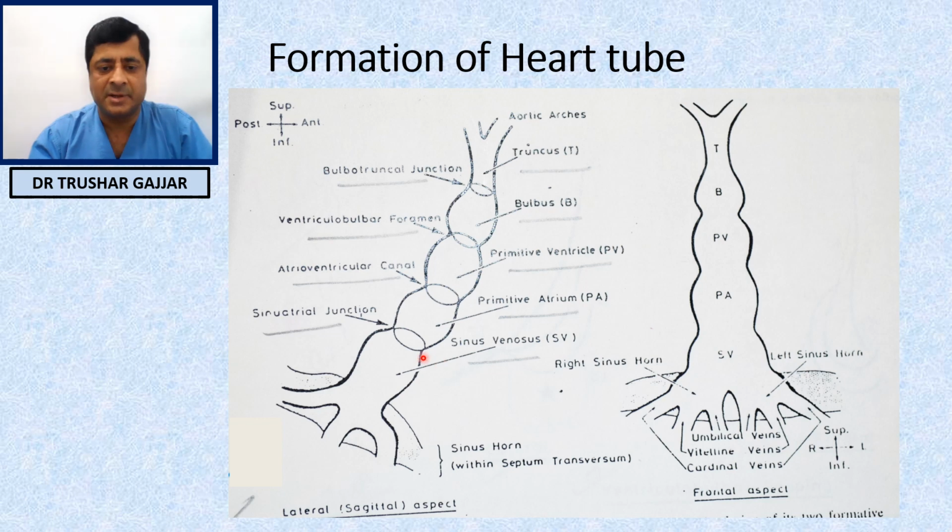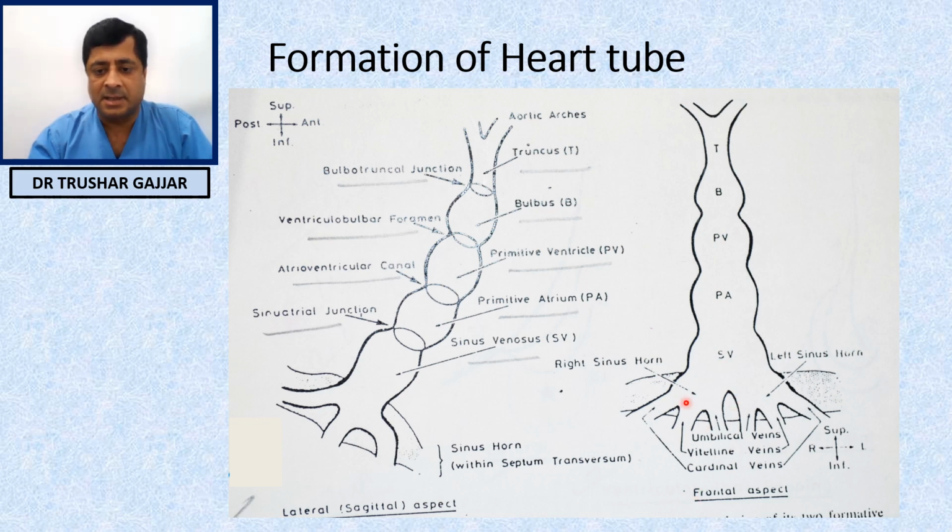The constrictions between are called sino-atrial junction, atrioventricular canal, ventriculobulbar foramen or bulboventricular foramen, and bulbotruncal junction. This we are seeing in a lateral view. The tube is seen like this from the frontal view.